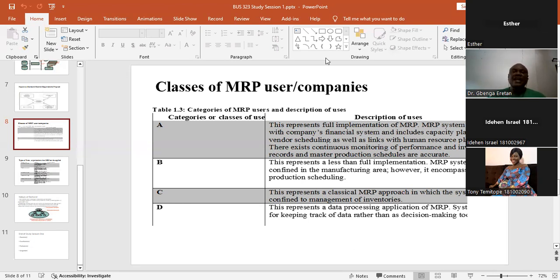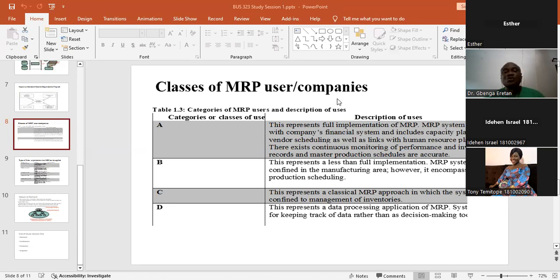So category A is a class of company that practices MRP in totality. That is, they follow all the schedule, all the input, the processing, and the output of material requirement planning. And we have category B, those companies that do not fully implement material requirement planning.